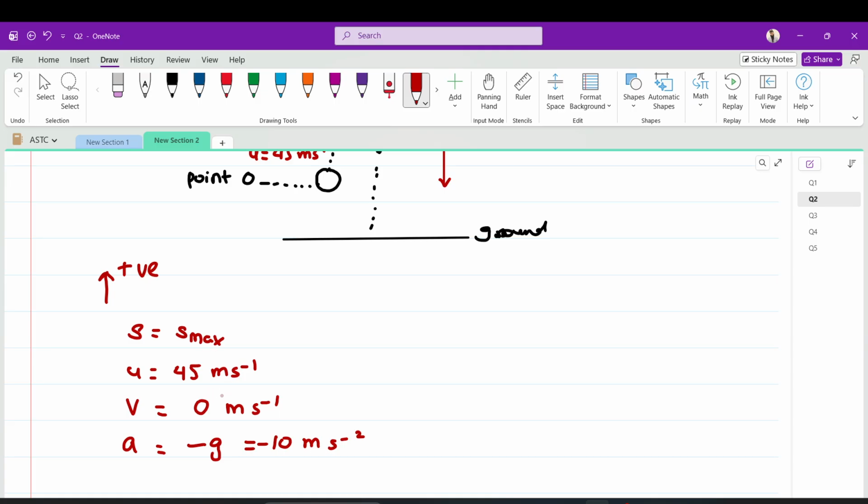All right, so we have the required data. So we need to find an equation that has these four variables. That equation is v squared equals u squared plus 2as. We need to find s, so let me first rearrange the equation.